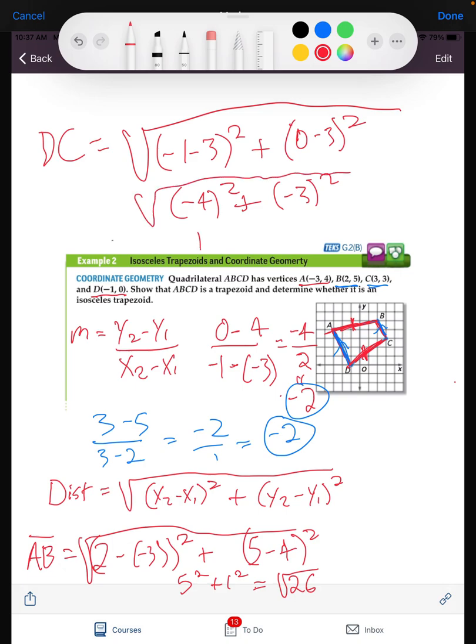Negative 4 squared is positive 16, plus negative 3 squared is positive 9. 16 plus 9 gives us the square root of 25. So we have 26 and 25. Those are not equal to each other. So since they're not equal, we're going to say it's not isosceles.